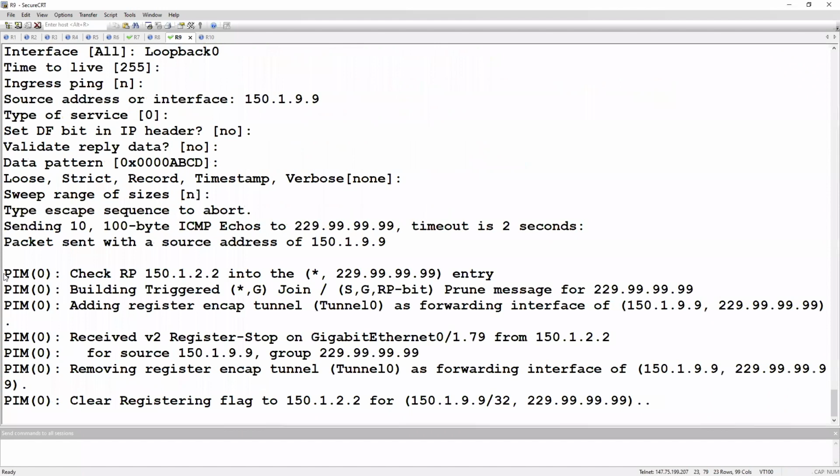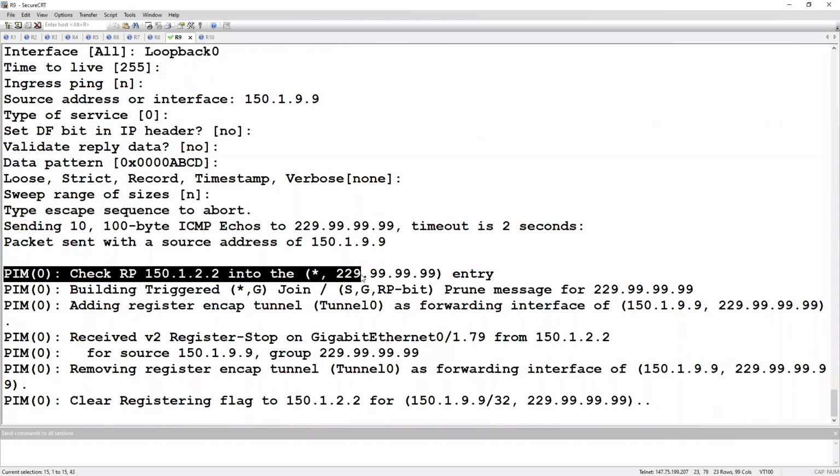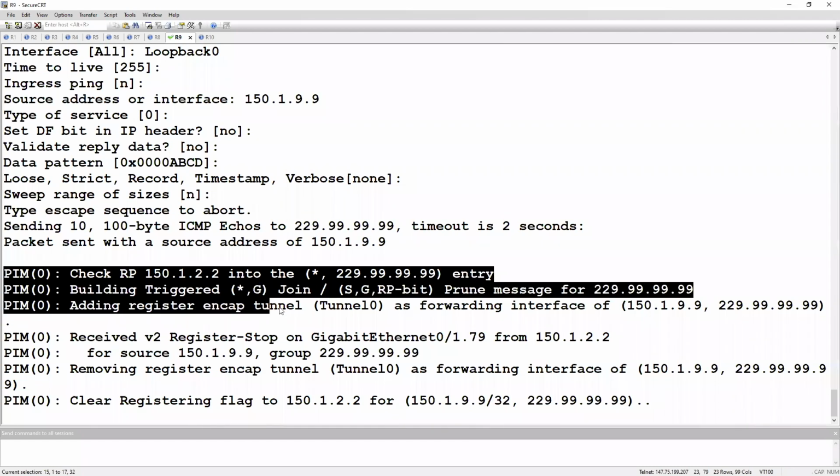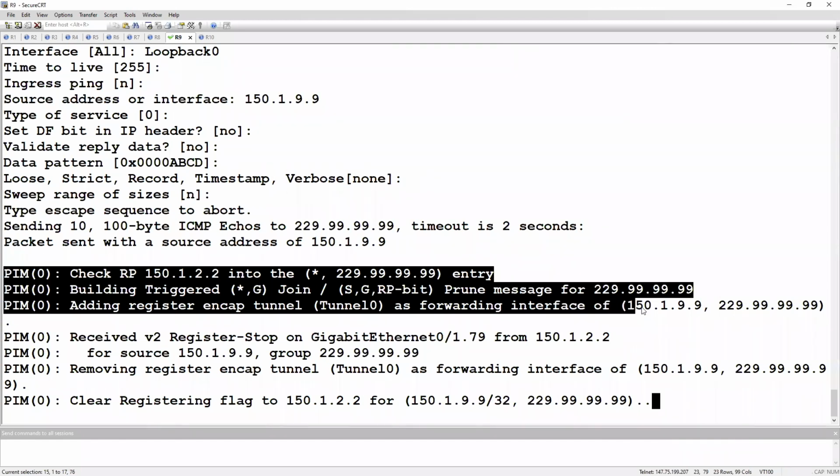Okay, so the first thing that the router is doing is checking to see who is the rendezvous point for this particular group. It says we found the rendezvous point. We checked the rendezvous point 150.1.2.2 against the group 229.99.99.99. We're now adding a register encap tunnel forwarding interface of 150.1.9.9 to 229.99.99.99.